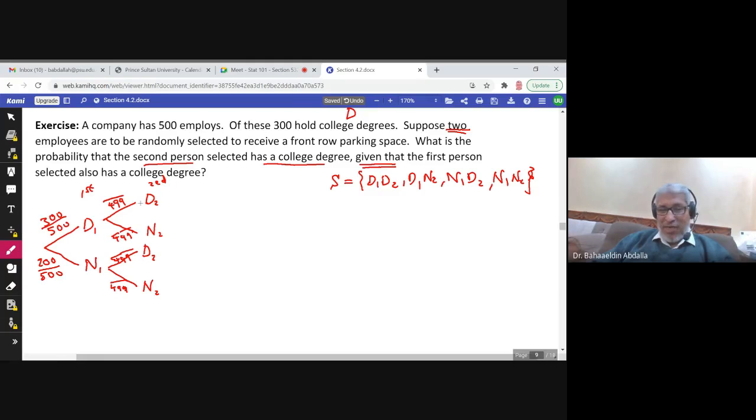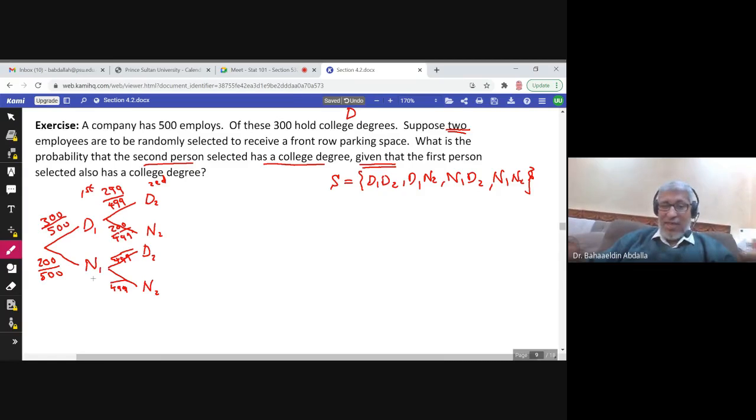What is the probability that the second employee has a college degree, if the first has a college degree? This means we have selected one of the 300. So we still have 299 with college degrees, and 200 without college degrees, because we have selected one of the college degree employees.